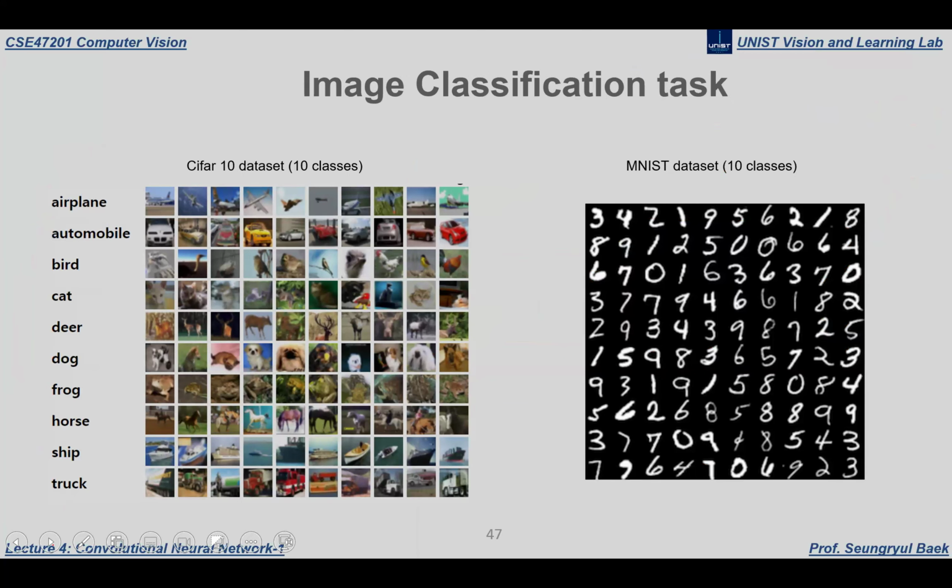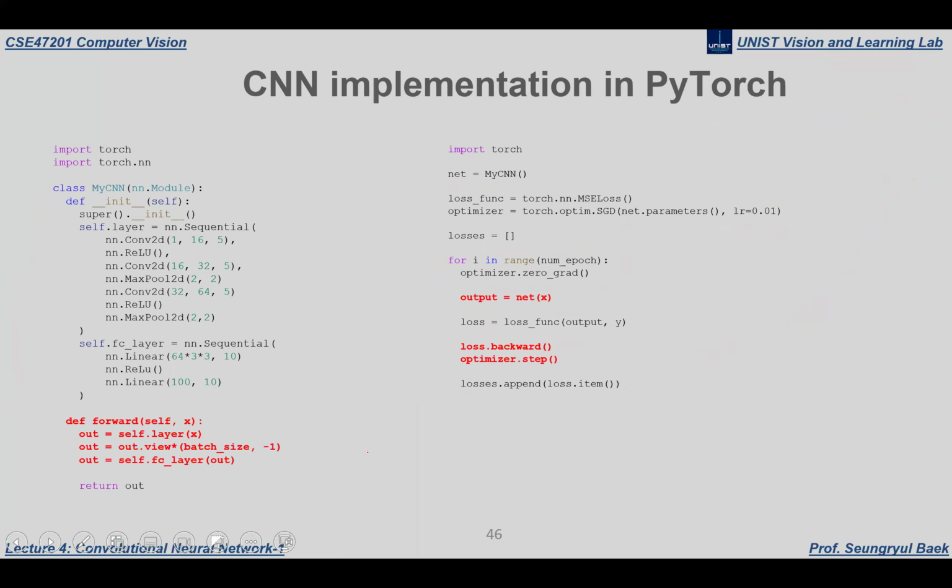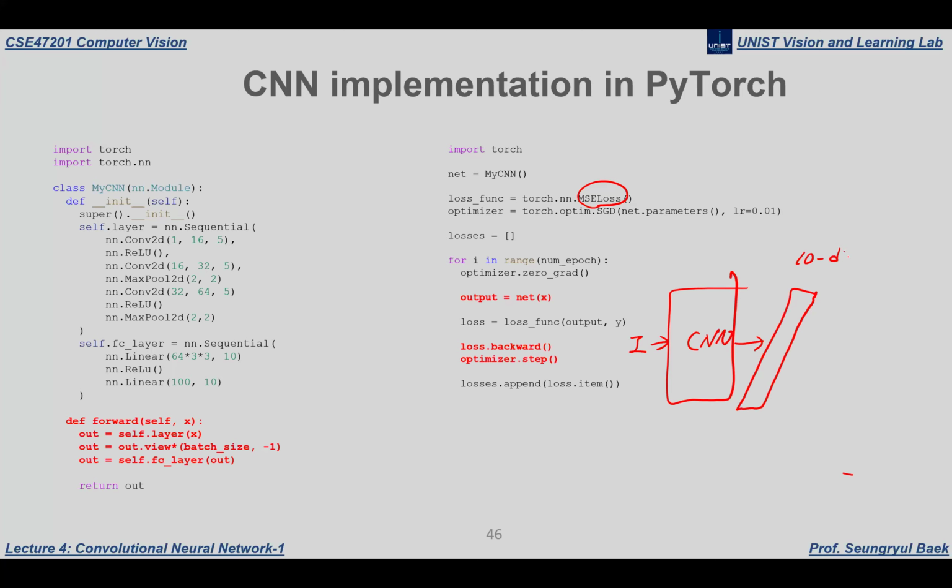But this is not enough actually. We have to learn more things. For example, the first thing we have to learn further is the loss function. I mean the final layers of the CNN. As I told you, this is the CNN architecture, this is the input I, and this is the 10-dimensional vector we defined before. But this 10-dimensional vector cannot be properly trained using the MSE loss.